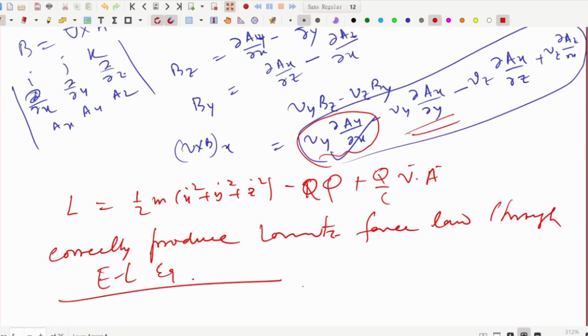Okay. So, the Lagrangian we have obtained is the correct Lagrangian for the equation of motion.